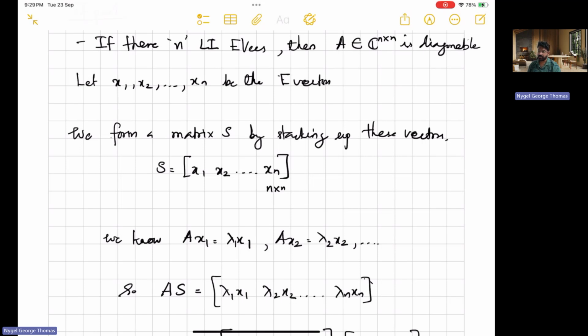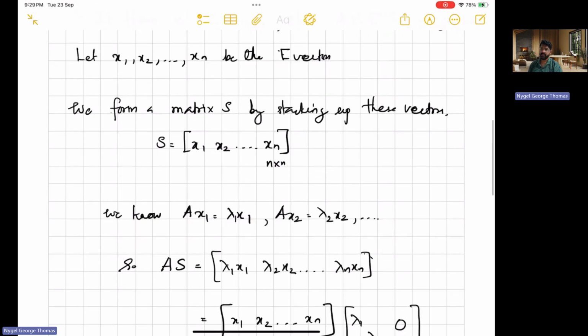Similarly, A into x2 is lambda2 into x2. So A into S, with S being the eigenvectors stacked together as a matrix, is A into x1, A into x2, up to A into xn. But A into x1 is actually lambda1 into x1.